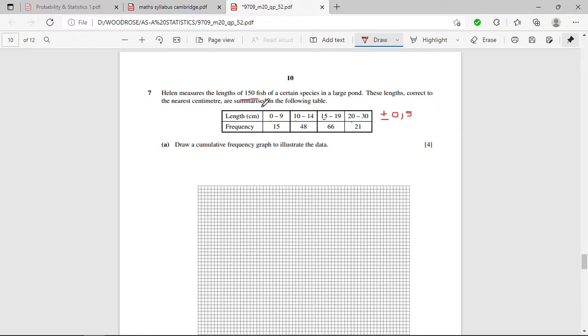So in this case, you have to redraw the table. You are going to have negative 0.5 up to 9. Here is the upper limit. We add 0.5 and get what? 9.5.